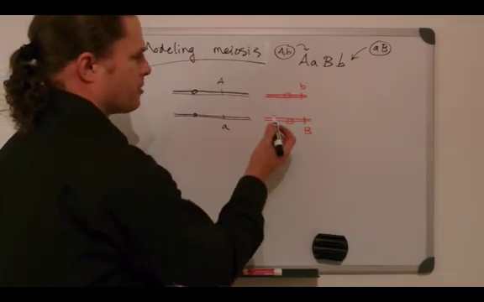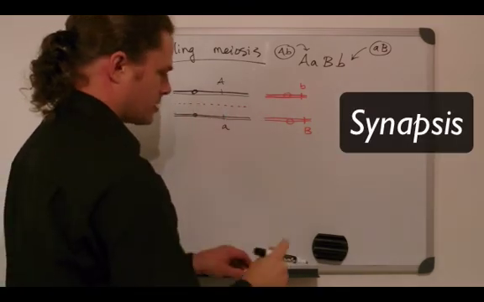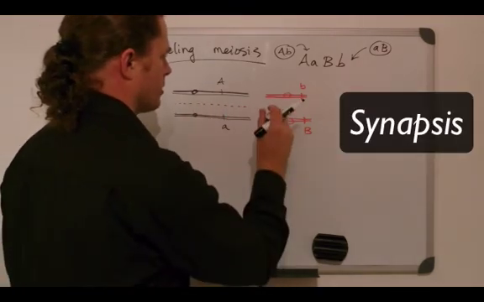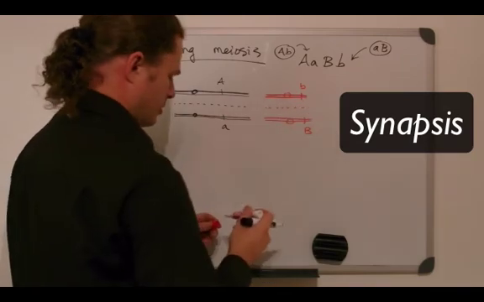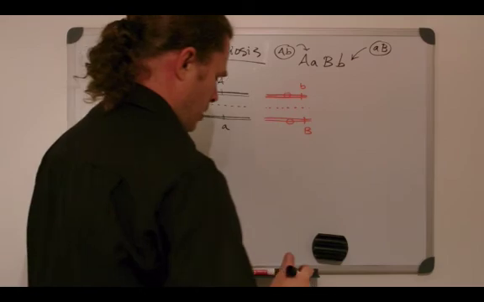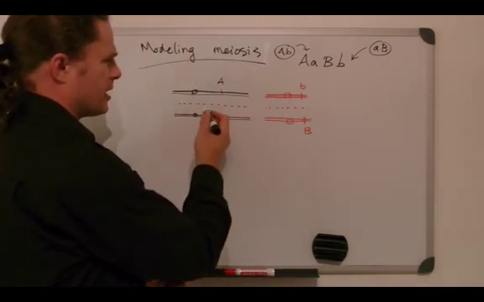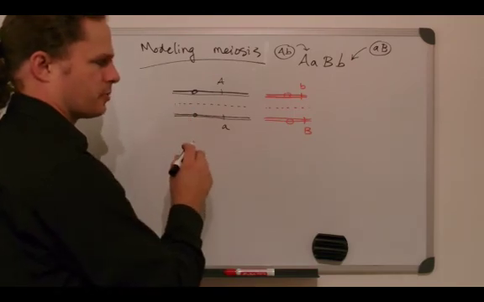So this stage now is called synapsis, and in some cases we will represent synapsis by using a dashed line between the chromosomes. Synapsis is another protein-containing complex which is now physically associating the different homologous chromosomes with one another.